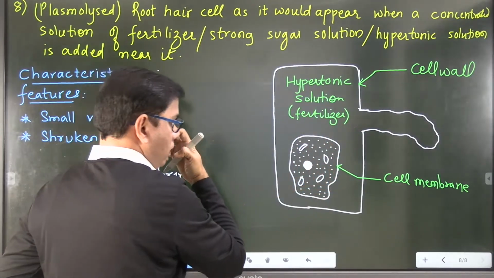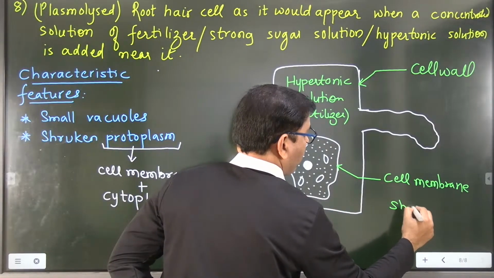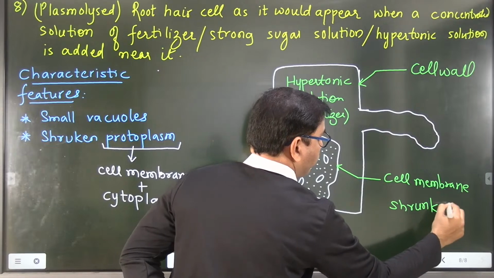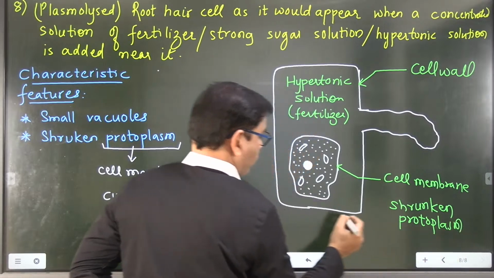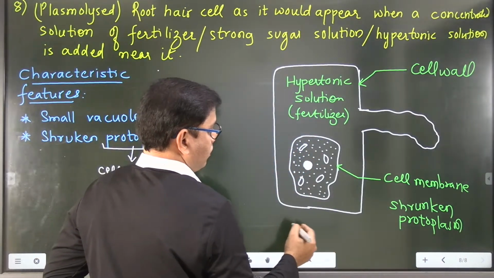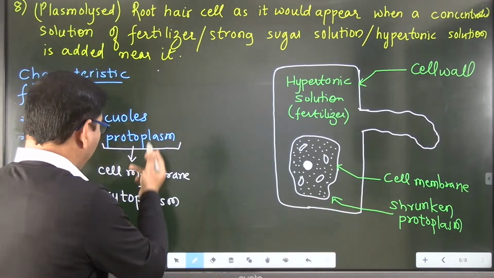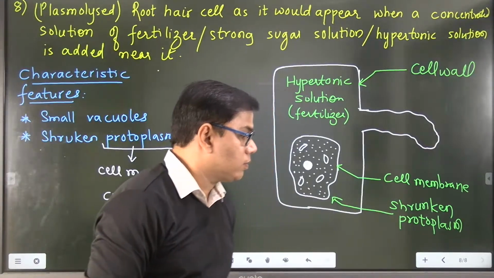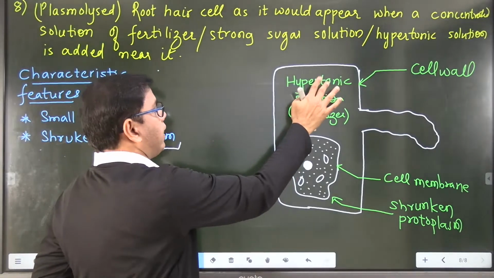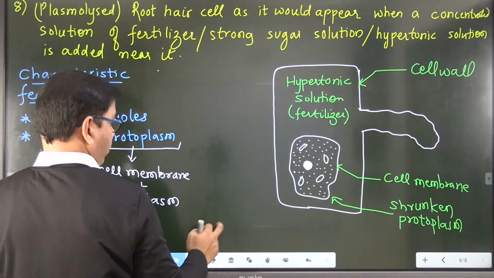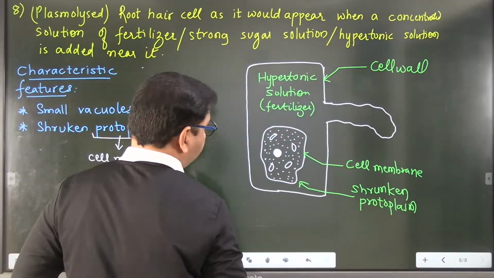Yes, shrunken protoplasm. What is protoplasm? Cell membrane plus cytoplasm. Yes, write inside the diagram. You will write hypertonic solution inside the diagram because it is a label.